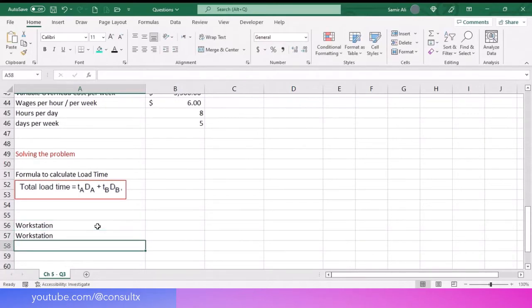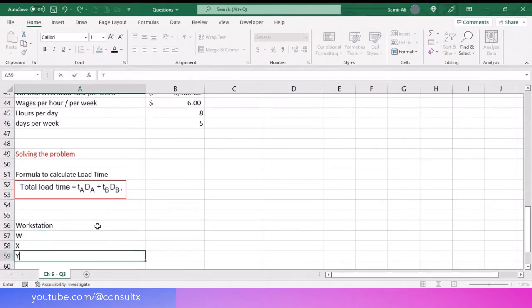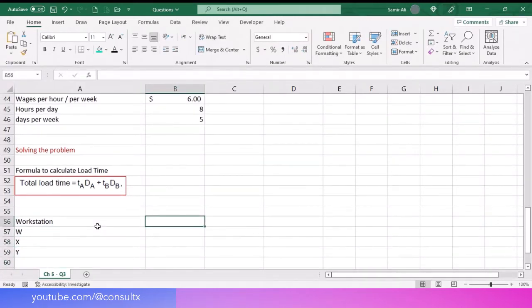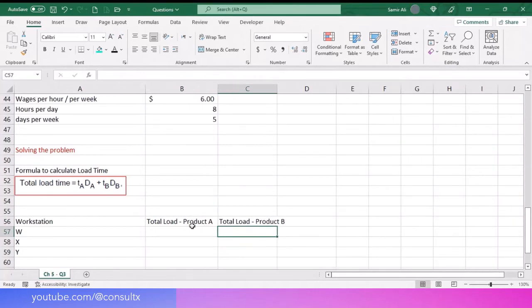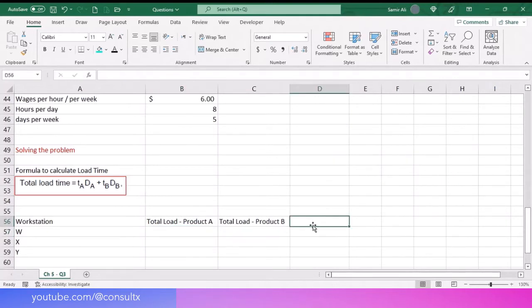Workstation W, X, and Y. Total load for product A and total load for product B. And this would be the total for one workstation.